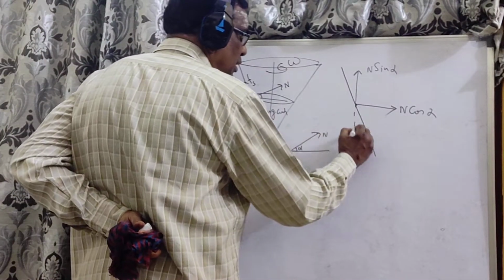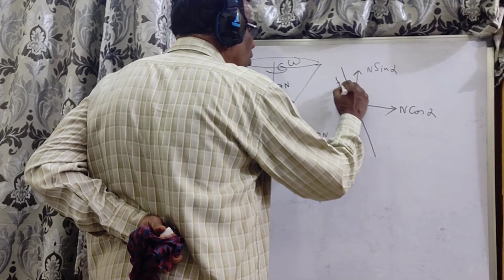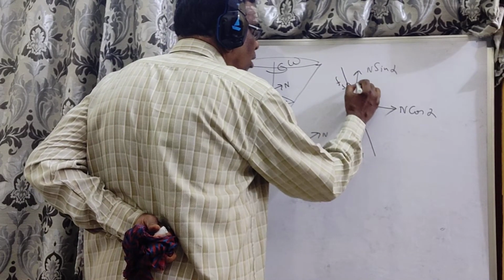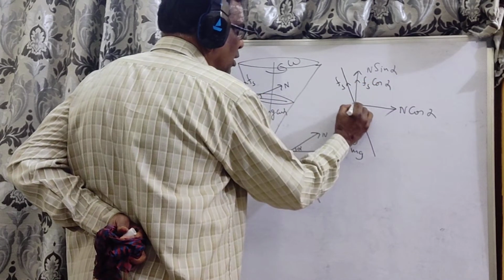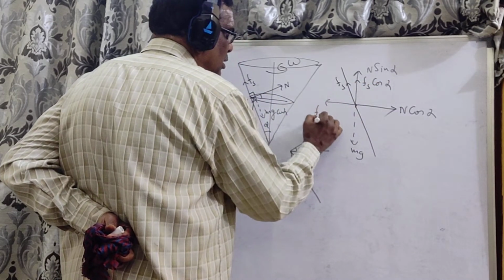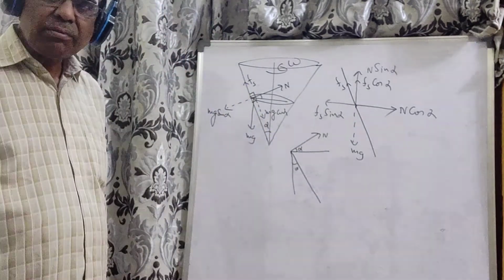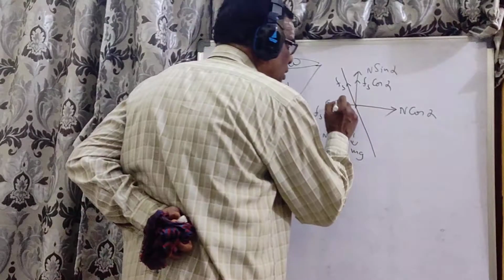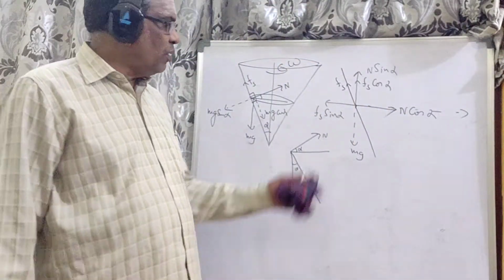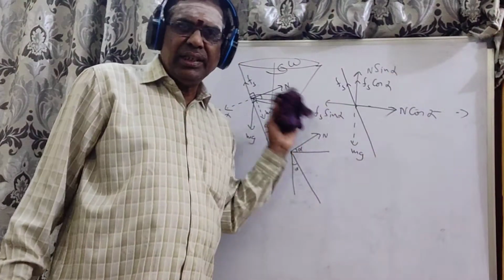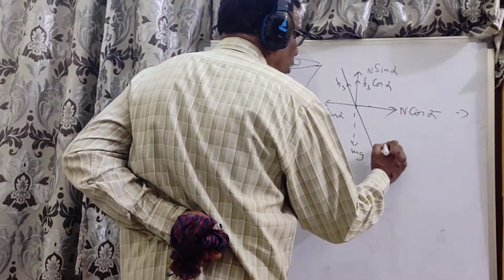Alright, now this is as usual mg. If this is your Fs, this is alpha. Therefore, this is Fs cos alpha. This is Fs sin alpha. The only acceleration present is in this direction. Therefore, it is better to resolve in that and in the perpendicular direction. So, what is centripetal force?